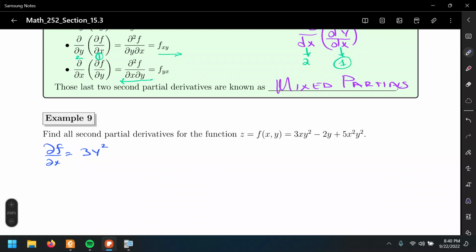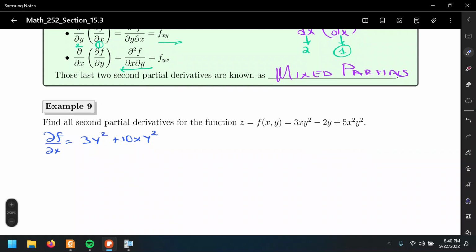The derivative of 5x squared y squared, we're only differentiating the x squared, everything else is a constant multiple. That's 2 times 5, 10x y squared. Agree?